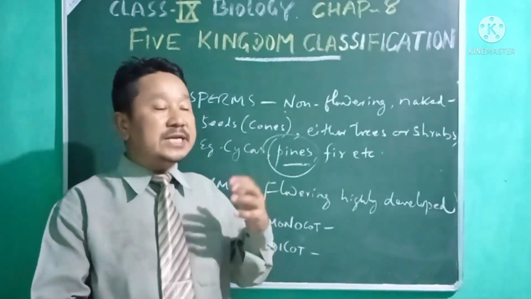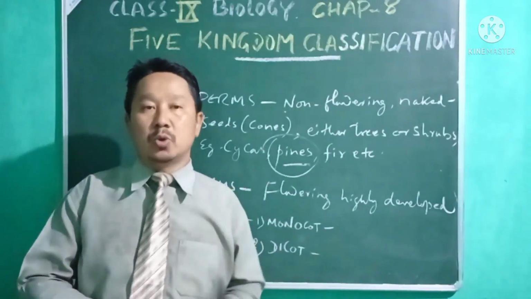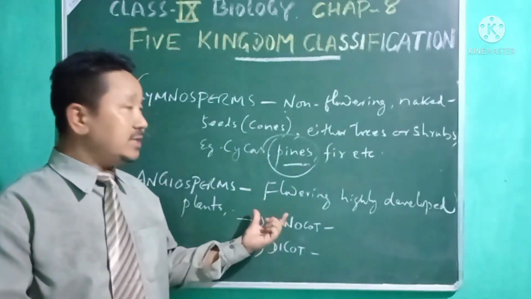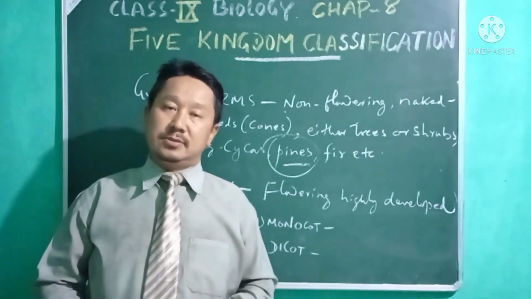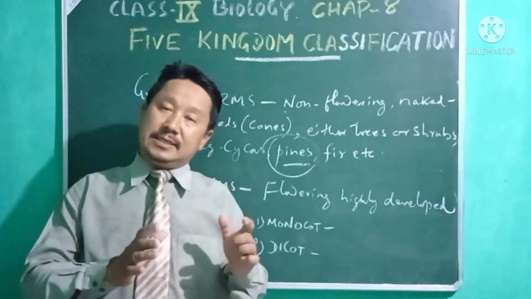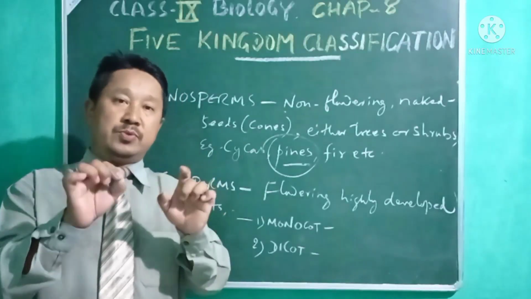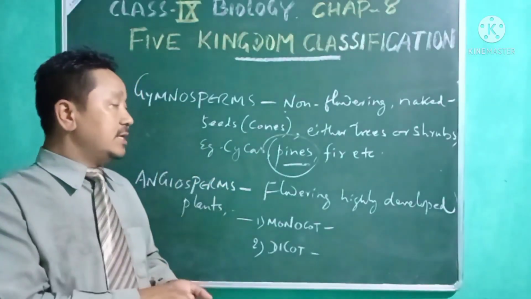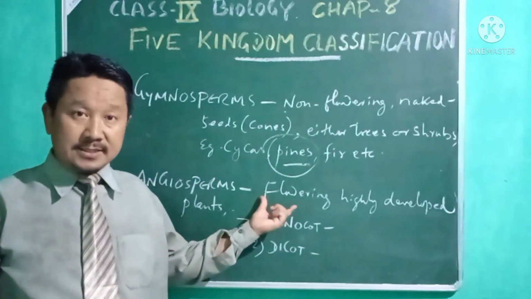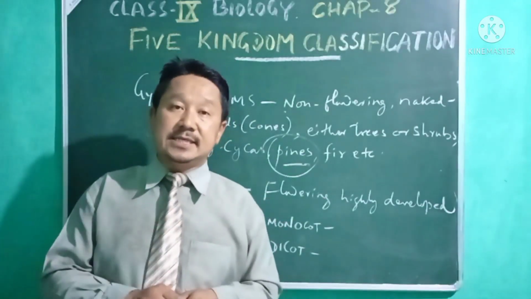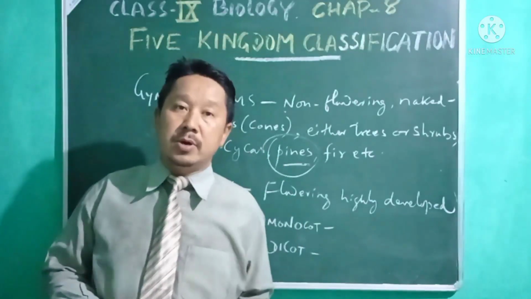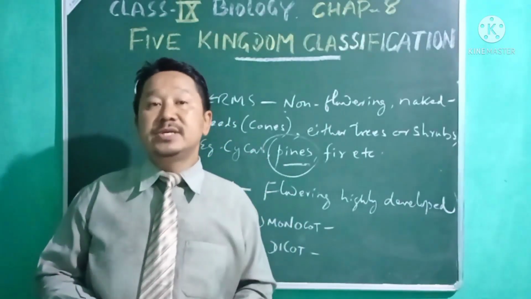That means the seed is enclosed in a fruit, unlike in gymnosperms. So the most important character, please remember, is that this is a flowering plant, and the body is well differentiated into root, stem, leaves, flower, and even fruit.